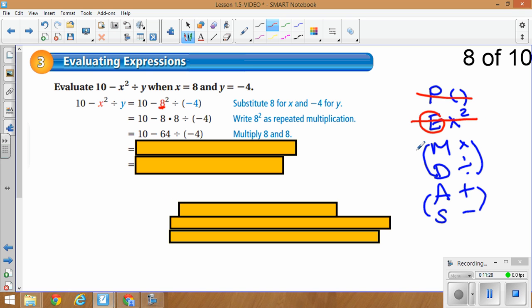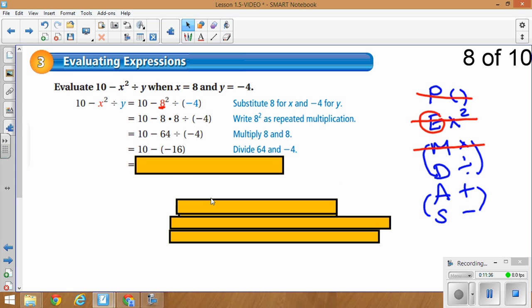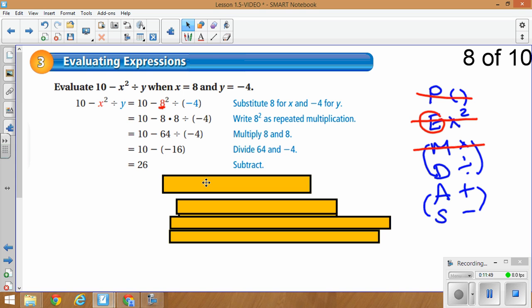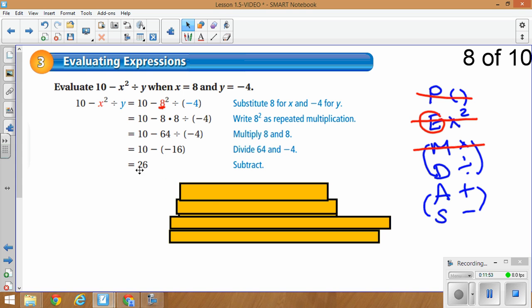So I did exponents. I multiplied. Notice I'm just doing one little step at a time. So now I will do the division. 64 divided by negative 4 is negative 16. Then my final answer is 26.